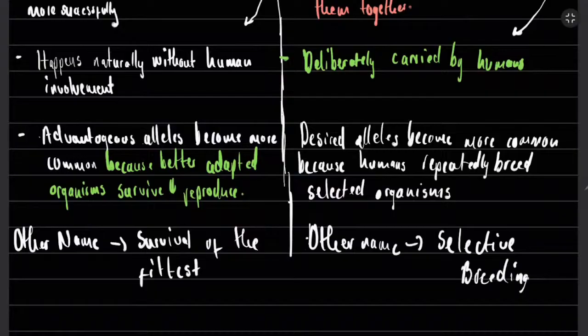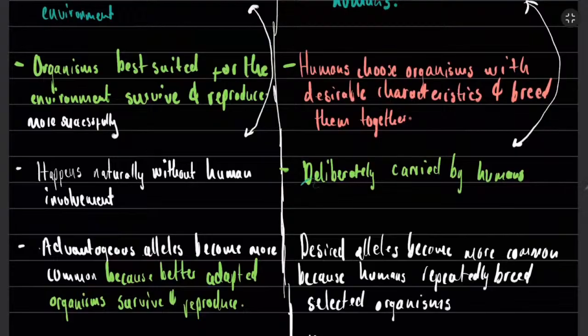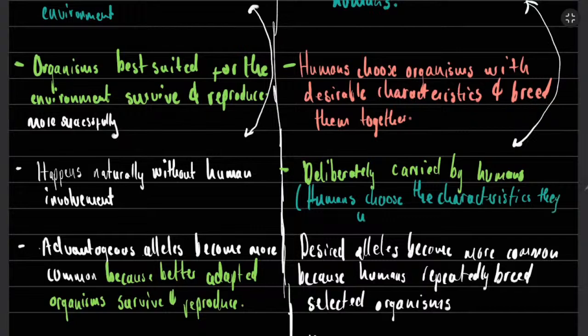Are you ready to do questions? Right. So when we say that it's deliberately carried out by humans, we mean humans choose the characteristics they want. That's another thing you can say. And then here it's the nature that chooses.